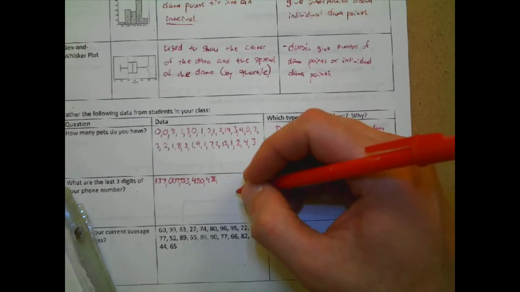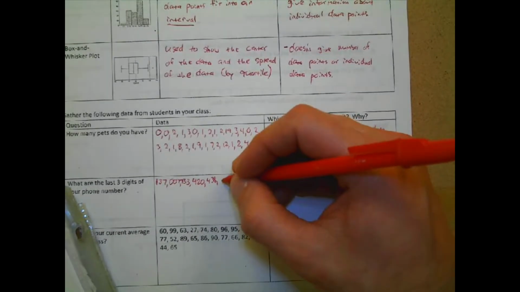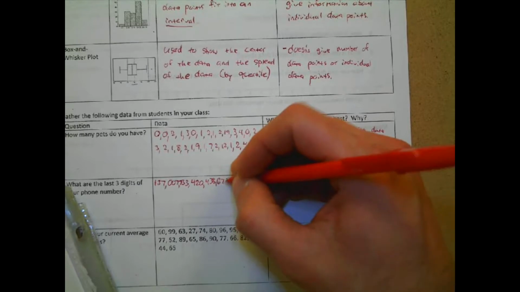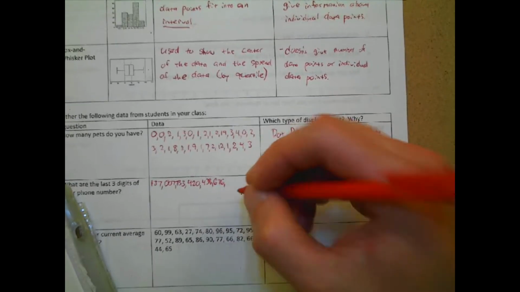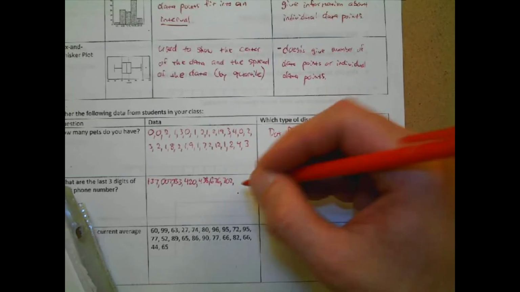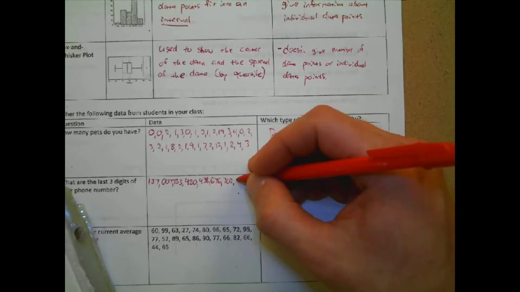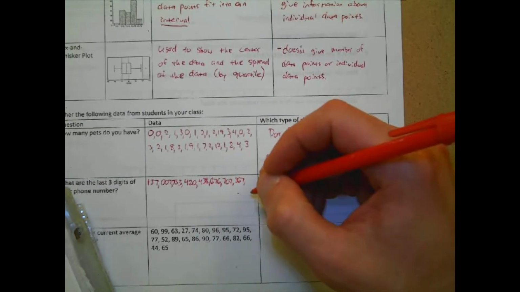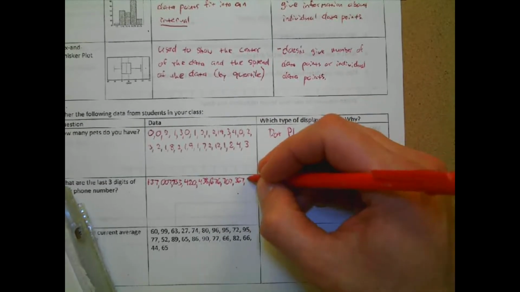All right, Trey, what's your last three digits? 438. Okay, how about Eric? Can't remember my phone number, but I can get my mom's phone number. Okay, what's her last three digits? 676. Thank you, that's fine. Sierra? 702. Okay, Aaron? 367.